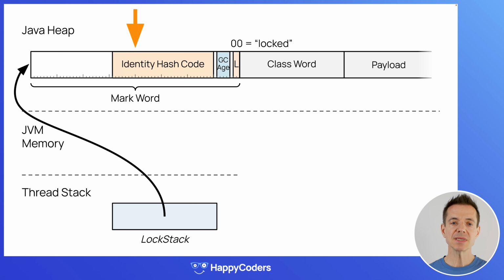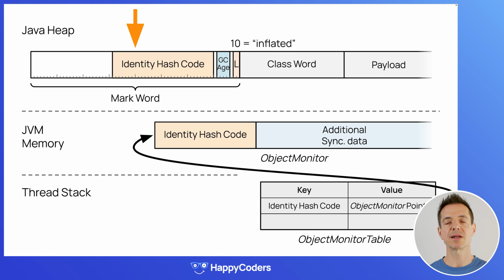Secondly, the mark word never needs to be overwritten, neither in the uncontended lock nor in the lock with contention. This means that, for example, the identity hash code remains directly accessible through the mark word at any time and doesn't need to be read from the basic lock or the object monitor, as was the case with stack locking.